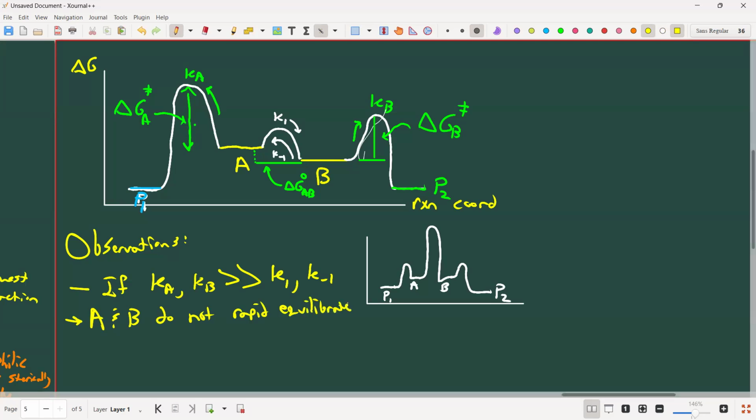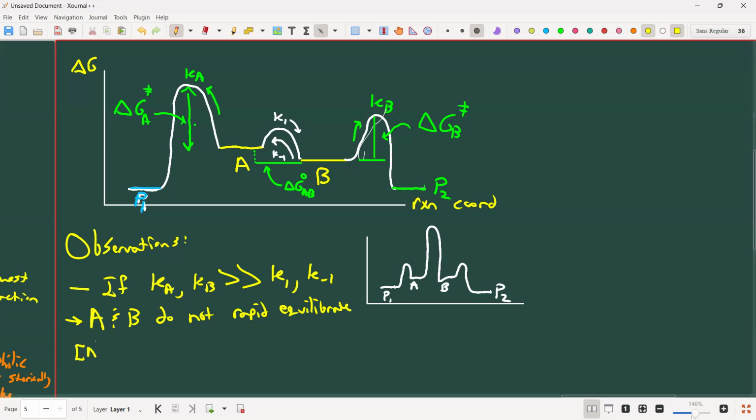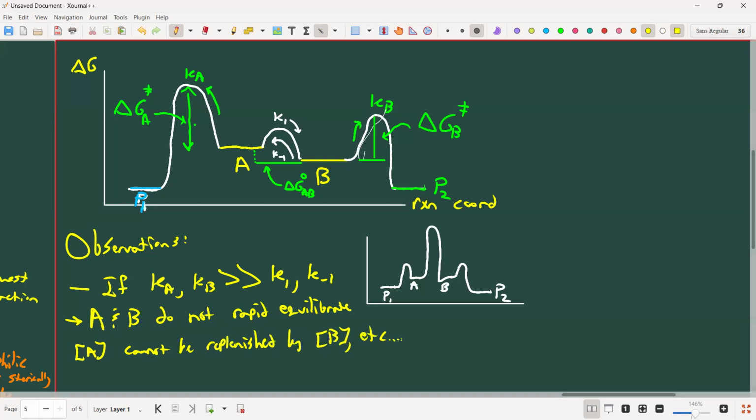And this means, of course, that it's not steady state. So that means that if A cannot be replenished by B, and so on. So this is a different situation. Here we don't have competition.